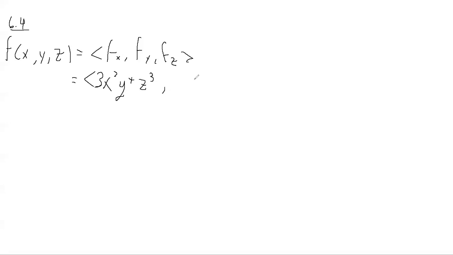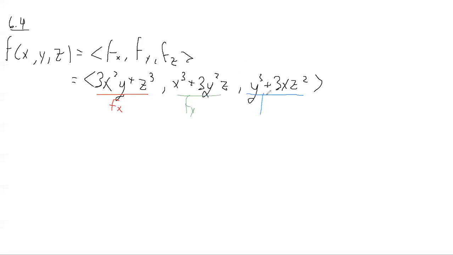Now our f of y is going to be x cubed plus 3y squared z. That's our f of y. And then our f of z is going to be y cubed plus 3x z squared. Okay, and that's our f of z.